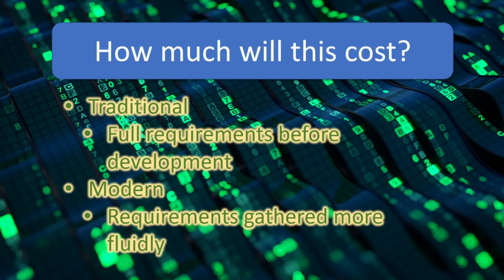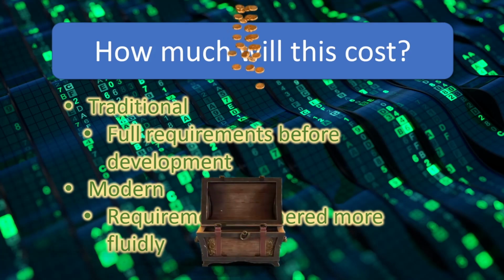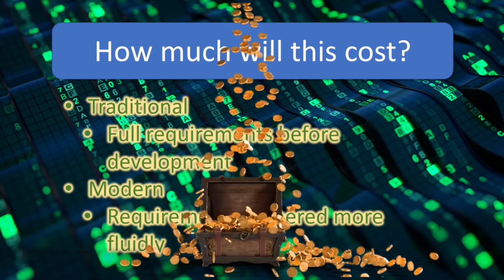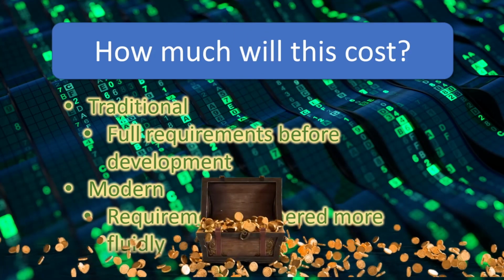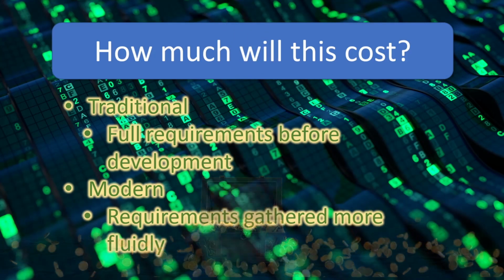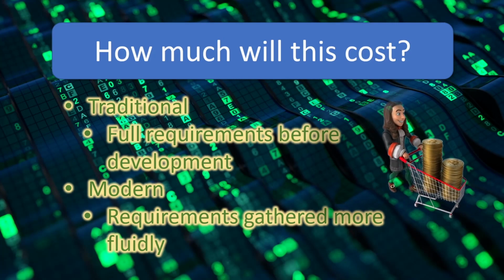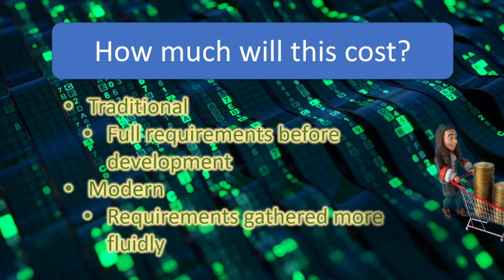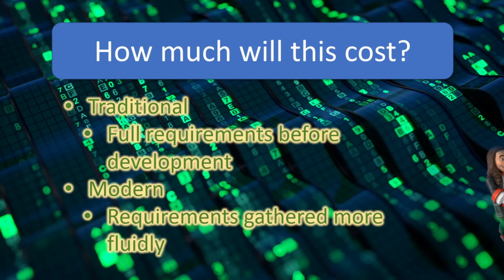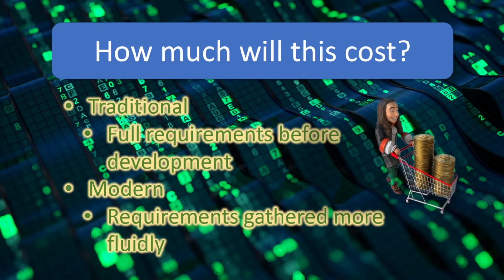How much will this actually all cost? The spectre of rising project costs is always in the mind of those in charge of financial budgets. The traditional way of doing requirements allows the total cost of development to be estimated up front. However, it wasn't uncommon to have unforeseen problems delay the project and as a result push up costs.